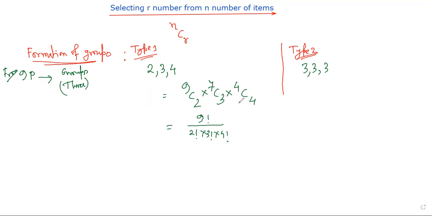But the numbers 2, 3, 4 are distinct. In this case, these numbers are not distinct. So I can call it, this group is distinguishable. Distinguishable groups, and this group is indistinguishable.